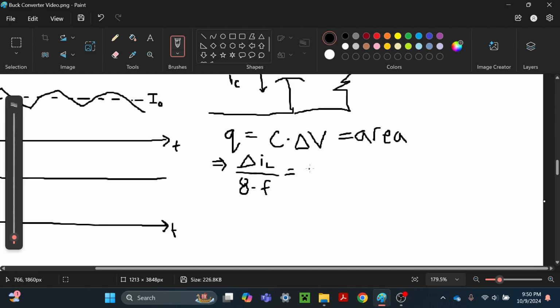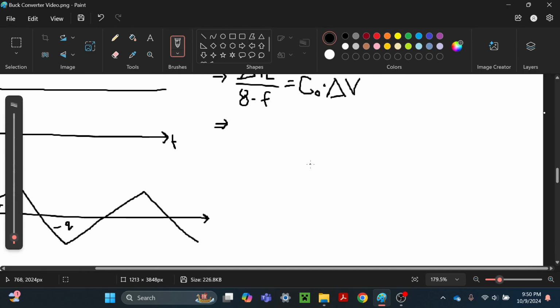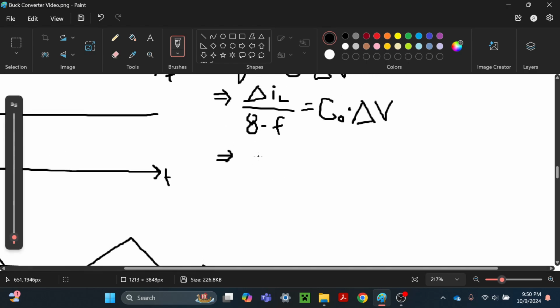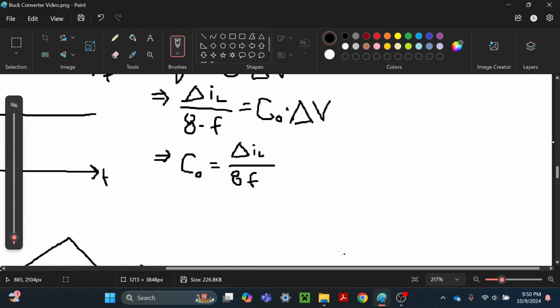It's equal to the output capacitor times delta V. Rearranging that, C out equal to delta IL over 8F, and then that is actually times delta V out.